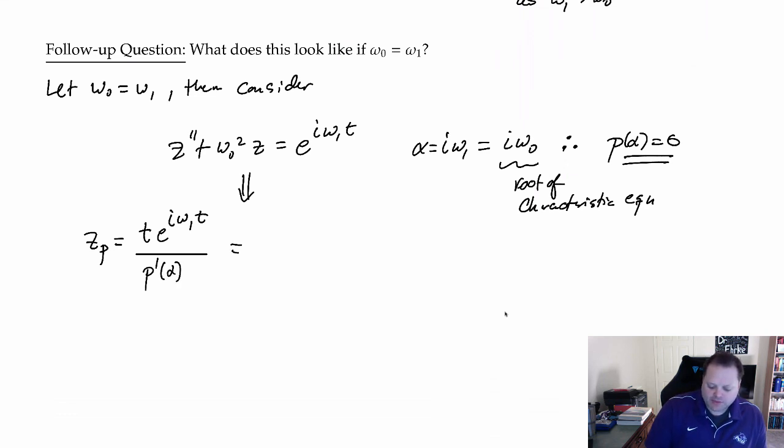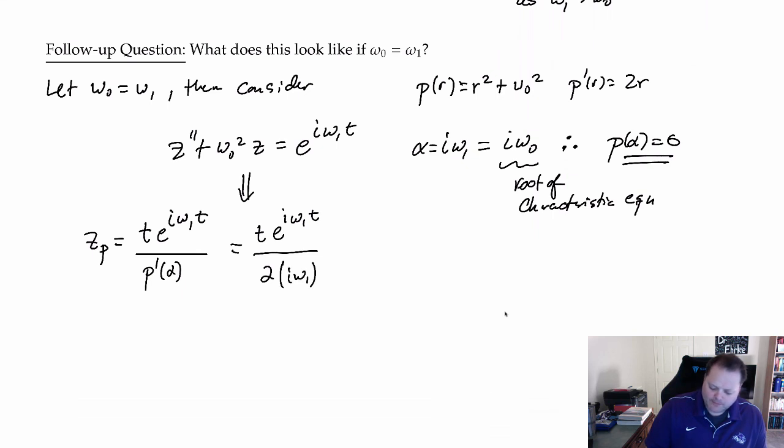And so in this case, we would have t e to the i omega 1 t. The characteristic equation here is r squared plus omega naught squared, so its derivative would be 2r. So we have 2 times alpha, which is i omega 1. So this is, remember, if you're dividing by i, that's the same thing as multiplying by negative i. So this is negative i t over 2. And then e to the i omega 1 t is cosine omega 1 t plus i sine omega 1 t.